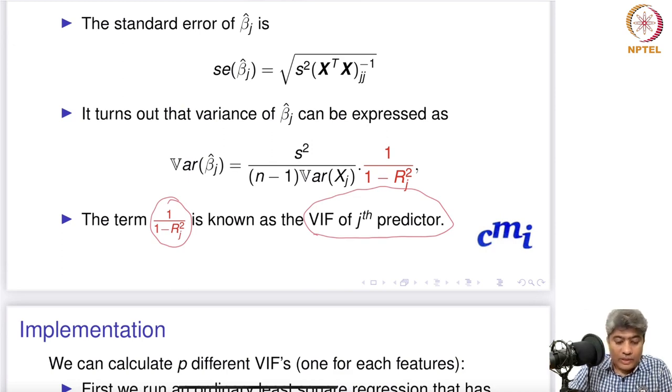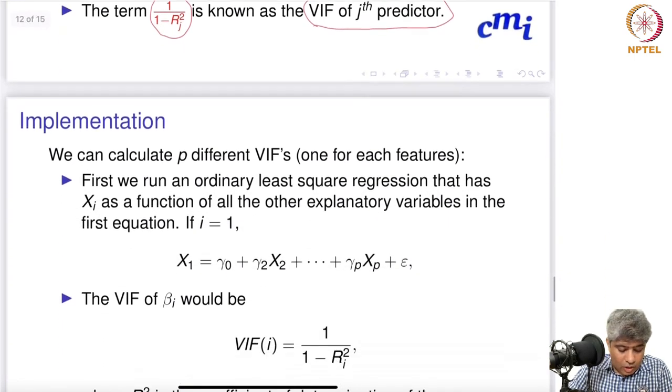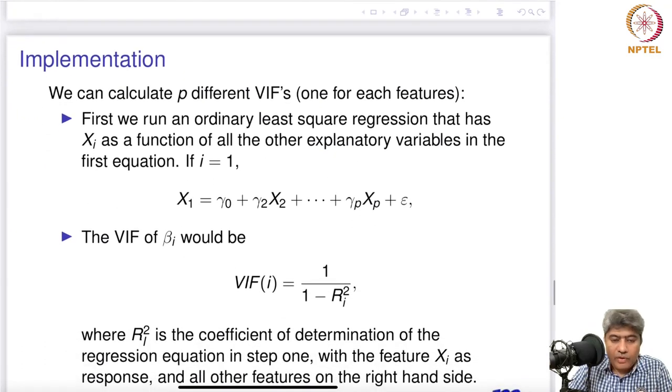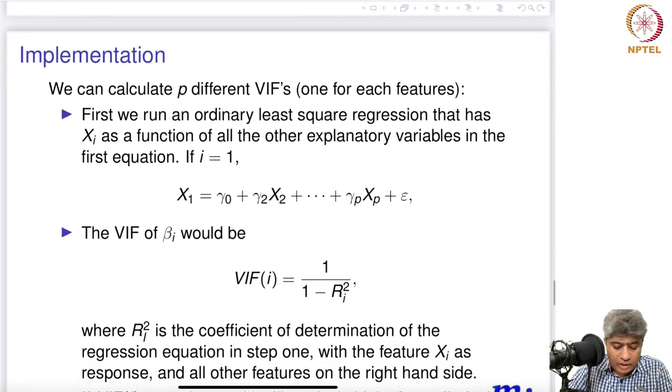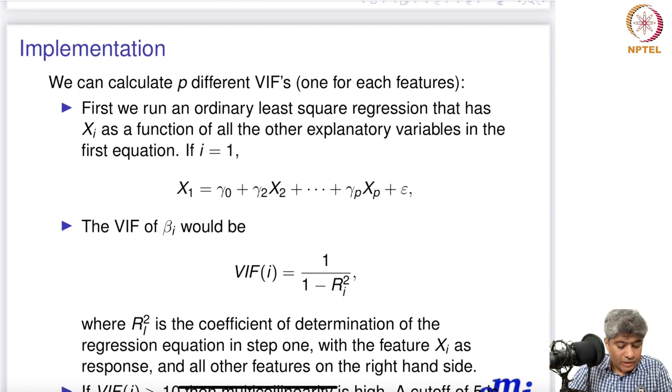So the question is how we can calculate p different VIFs, one for each feature. First, we run the ordinary least squares regression that has xi as a function of the other explanatory variables.